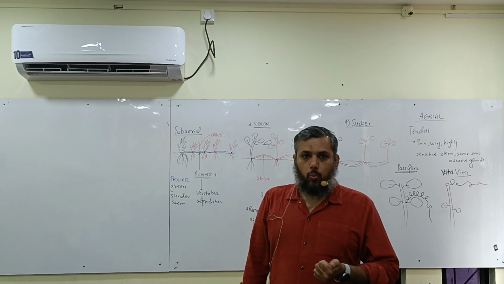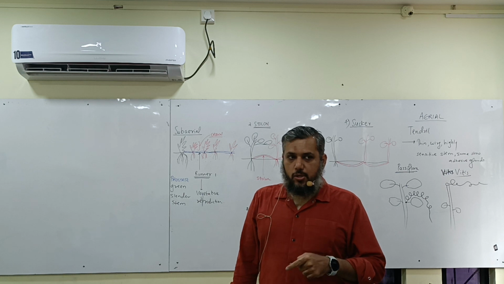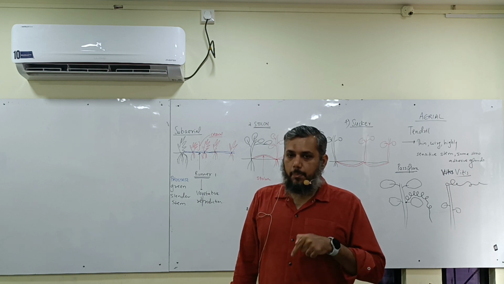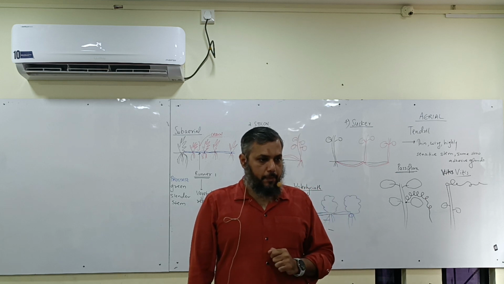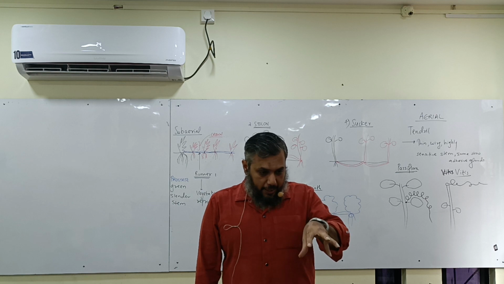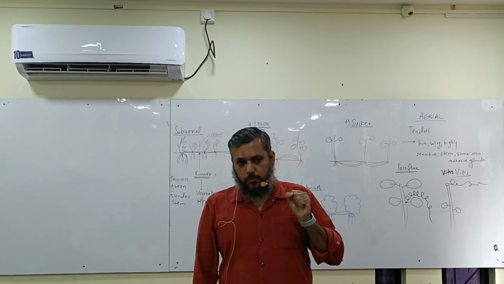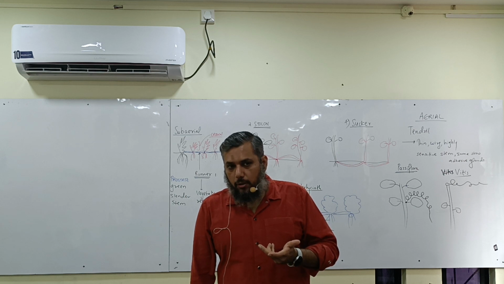What is my point? What is the runner for? Vegetative propagation. What is the rhizome for? Vegetative propagation and pollination. What is the stem tuber for? Vegetative propagation. And what are haustorial roots for? Parasitic adaptation to absorb food. What is my point? What is the pneumatophore for?